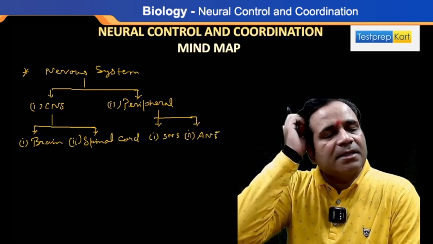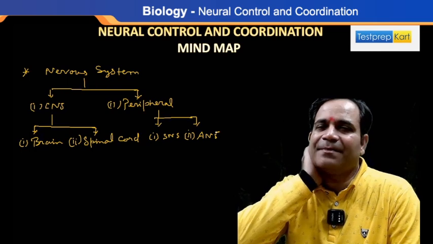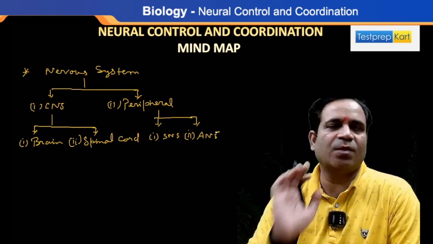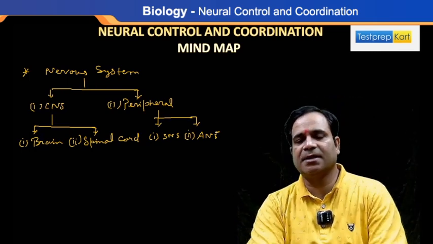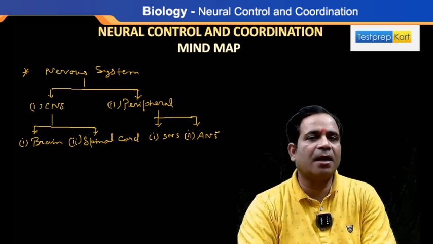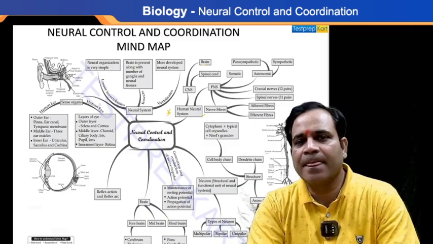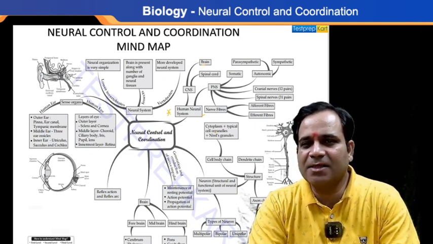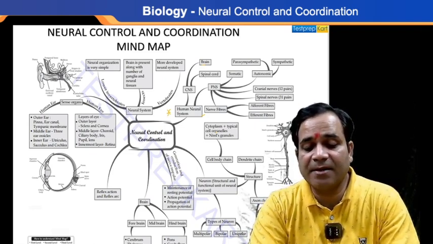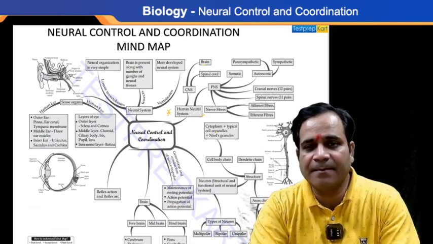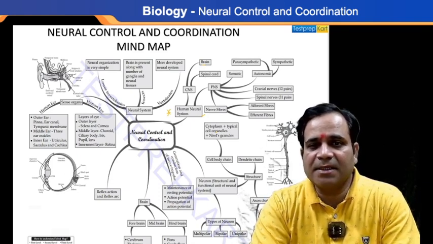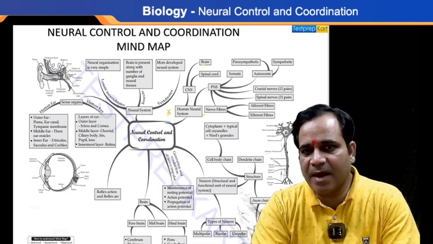So these are all the systems which are responsible for carrying messages from one part, or we say one region of the body, to another. Now the question is, how is it possible? Let's see. You know that the PNS, that is the somatic nervous system, is basically responsible for carrying messages from different organs of the body, right? Now this one is very, very simple.